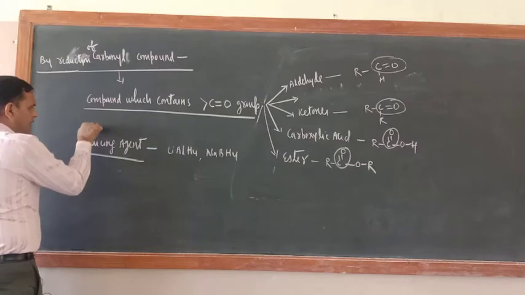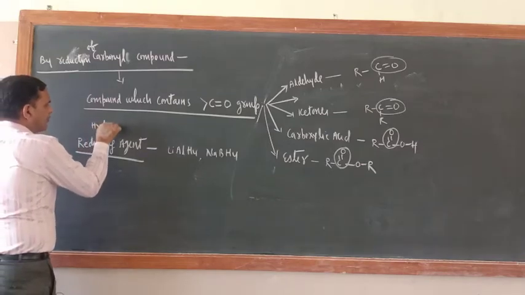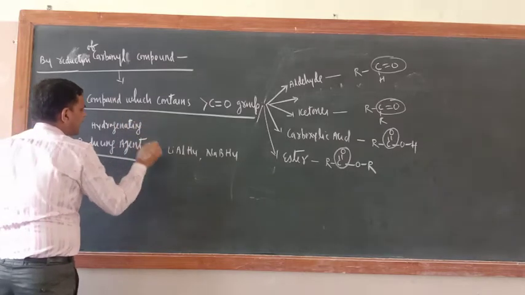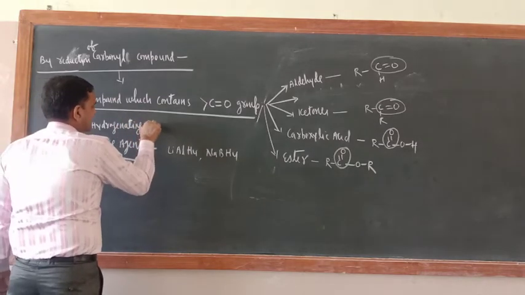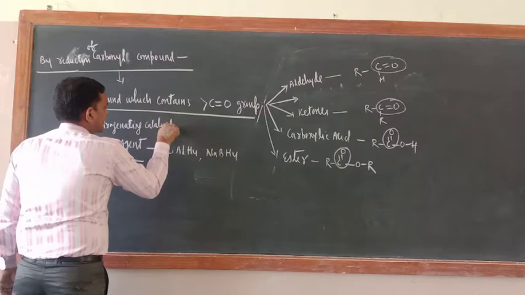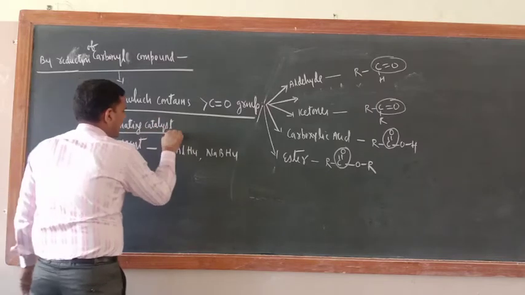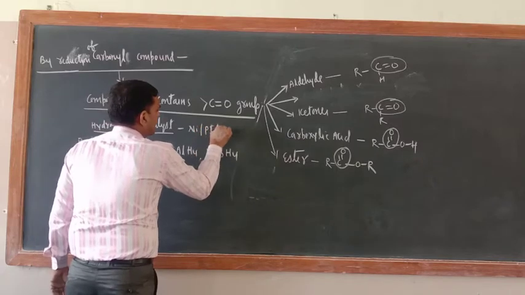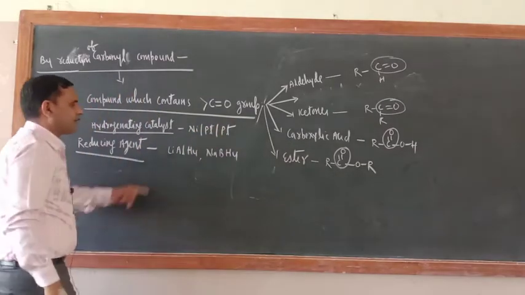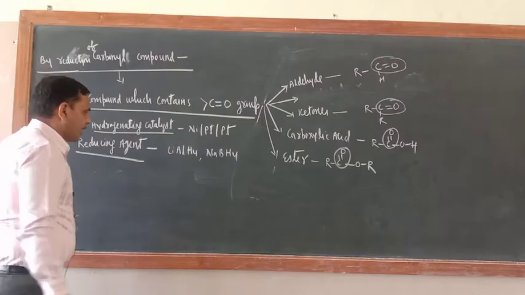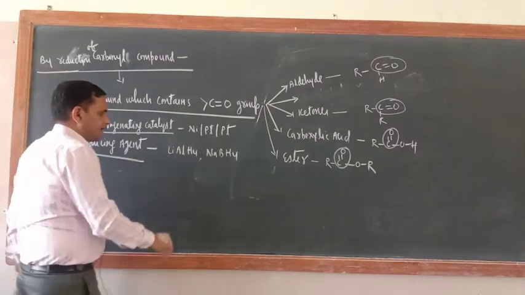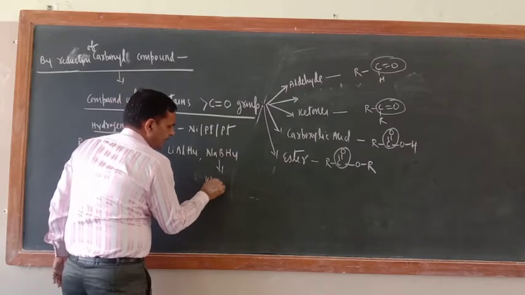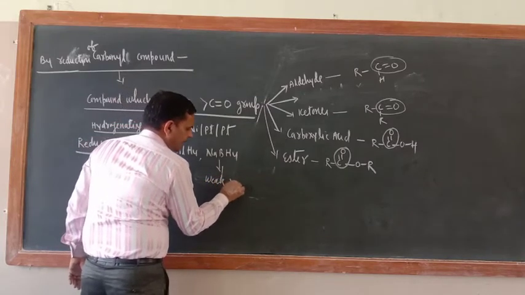And one more thing is the hydrogenating catalyst: nickel, Pt, Pd, meaning hydrogen can be added in the presence of these catalysts. Now there is one more important thing. This is NaBH4, a weak reducing agent, just note it down.